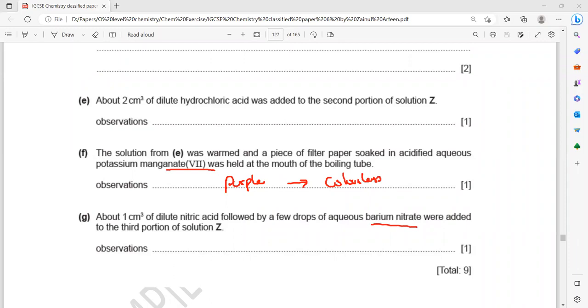But we confirm by the other test of potassium manganate 7.